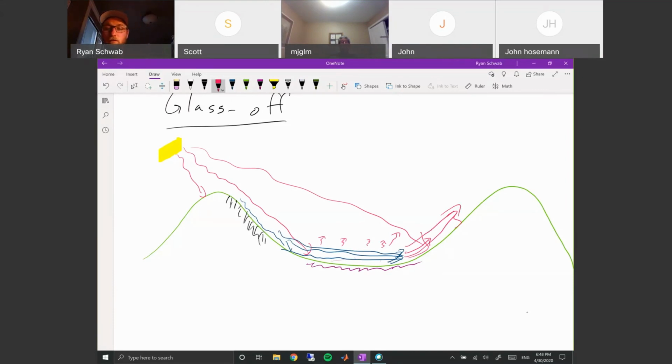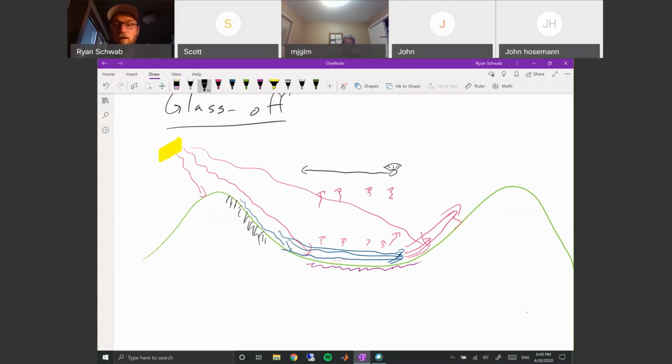So it can be really tricky to launch during glass-off conditions, sometimes impossible. But if you're already up in the air, usually you don't feel lift at all, but you're out there flying and you have a perfect glide ratio. You just don't lose any height, tool around for the last 30 to 45 minutes of your flight.